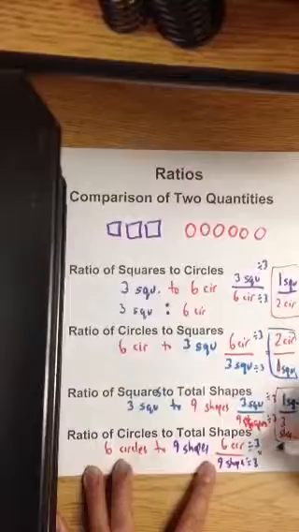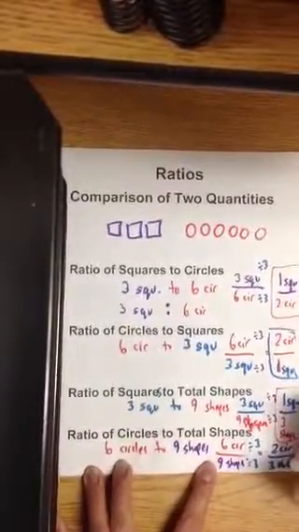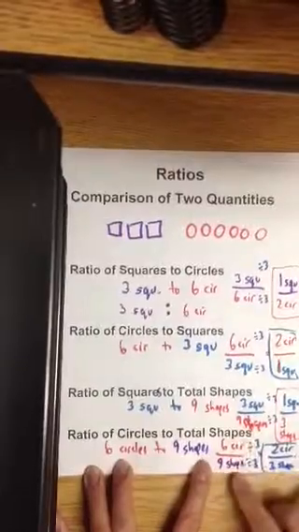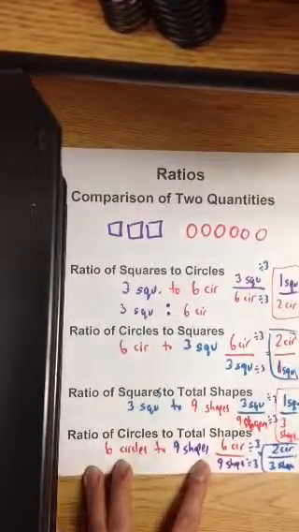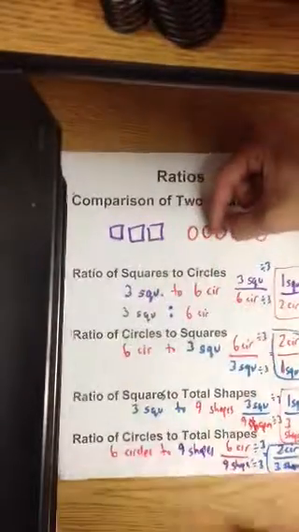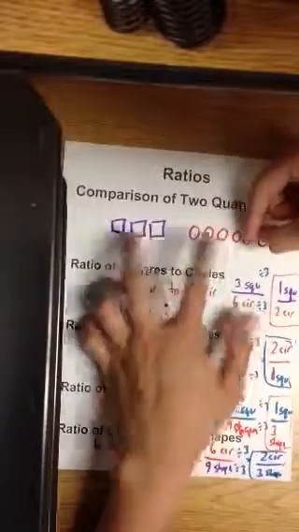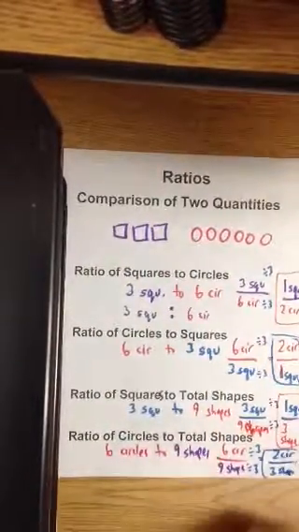So it simplifies to 2 circles to 3 shapes. So 6 circles to 9 shapes is the same as 2 circles to 3 shapes. Let's see, is that really true? Are there 2 circles for every 3 shapes? 2 circles for every 3 shapes. It is. So when you do ratio, order matters.